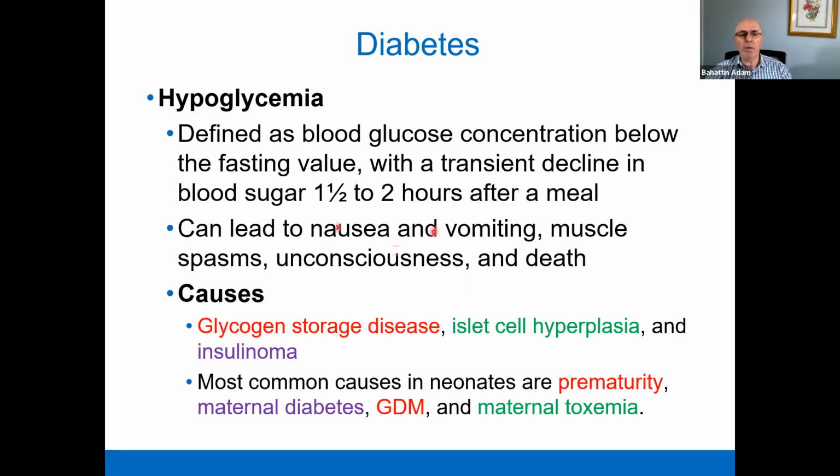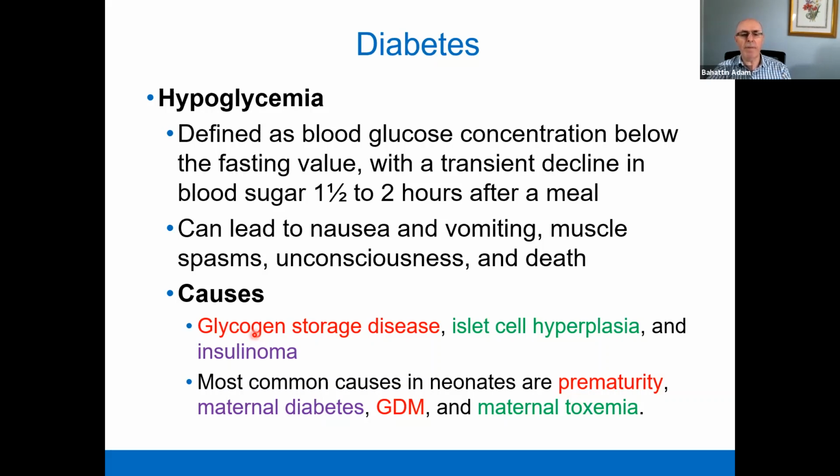Other causes of hypoglycemia can be glycogen storage disease, islet cell hyperplasia, or insulinoma, which is a cancer of beta cells.